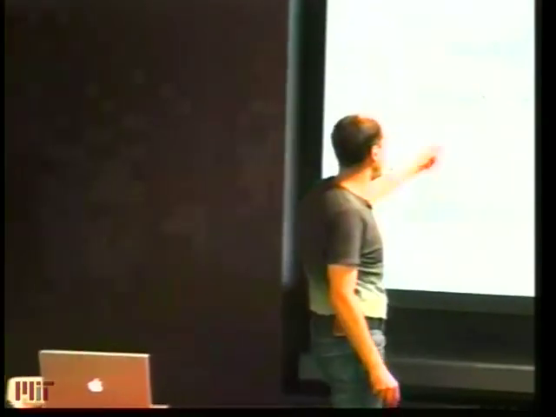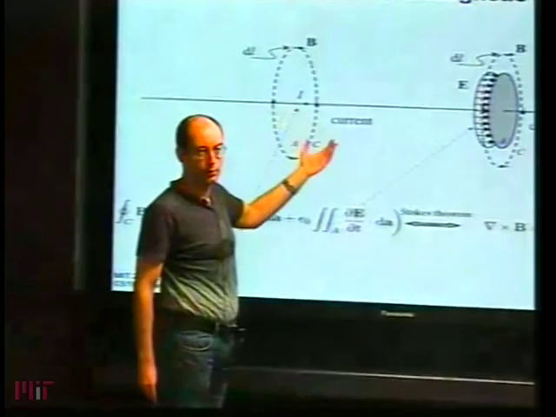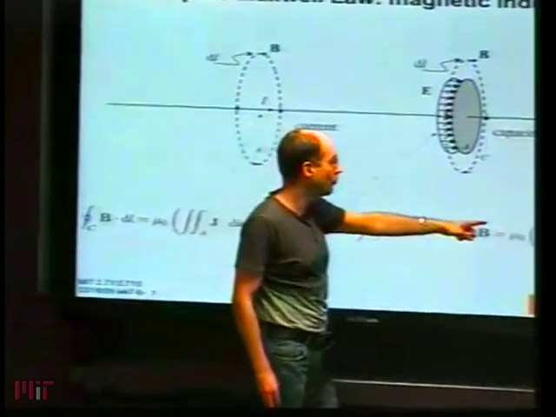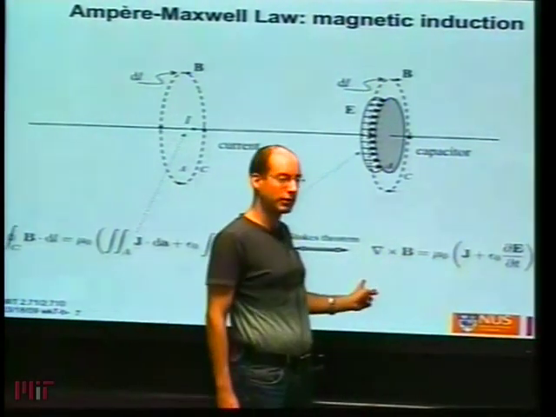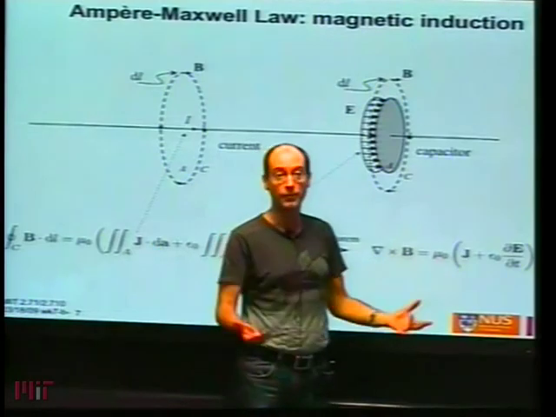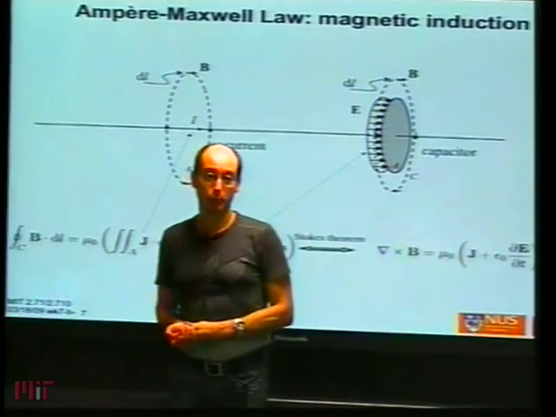It says that if you have a variable magnetic flux, you generate an electrical potential. Well, he looked at this equation and he said, wait a minute, it's fine that if I have a moving charge, I have a magnetic field, okay, fine. But if I have a variable potential, then why should I not generate a magnetic field? I should. And it turned out to be true.